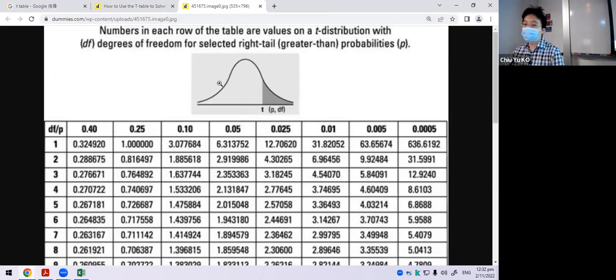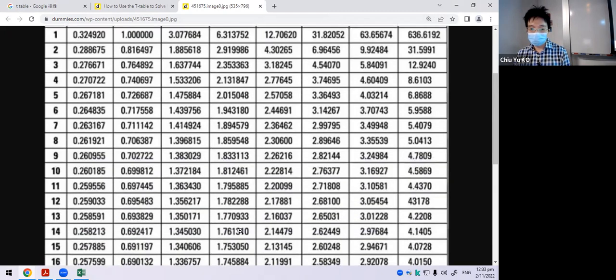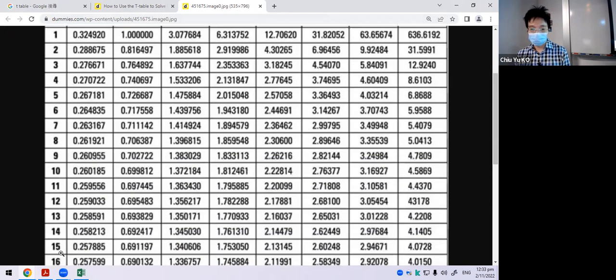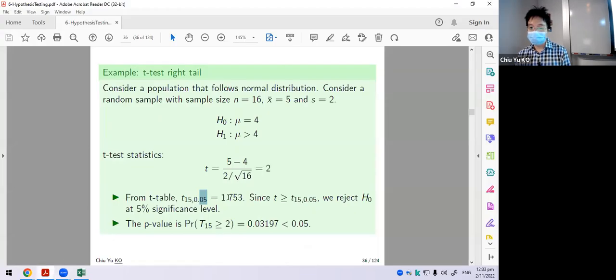This is exactly the table dimension, t alpha, where alpha is the tail probability, 5%. And we have 15. So this number, 1.753. Go to column 4, row 15, so this number. Can you see that? That's why we have this number 1.75.